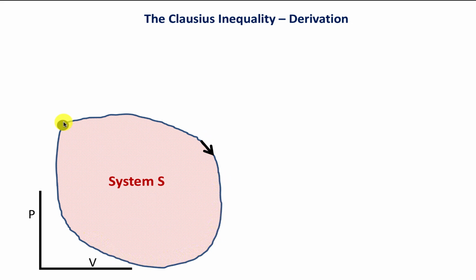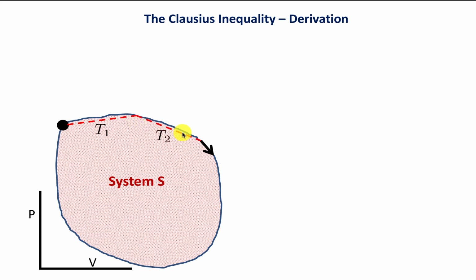Now let me approximate the temperature between this point and a nearby point and call that T1. Of course, this point is supposed to be very, very close to here, but I've put it over here because otherwise you would not be able to see it.